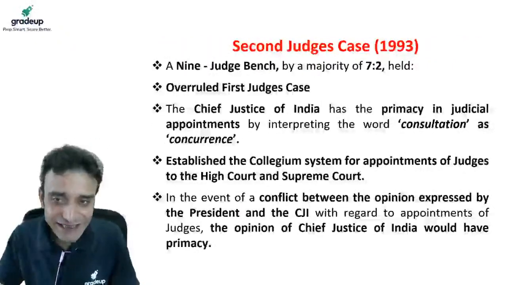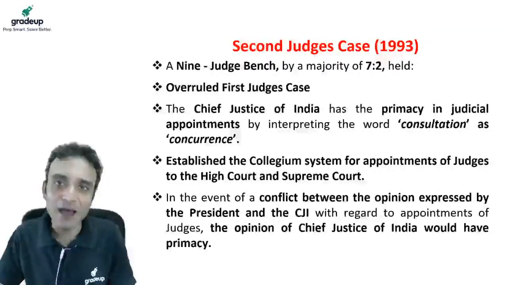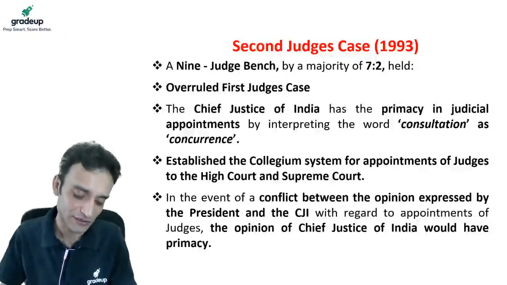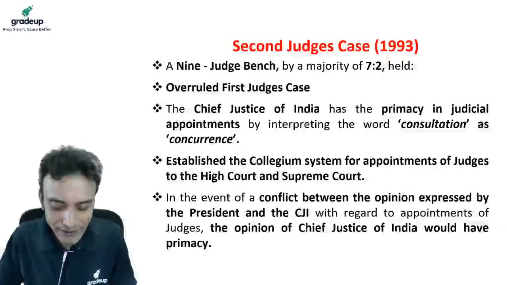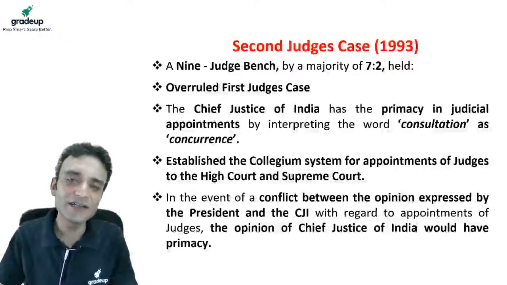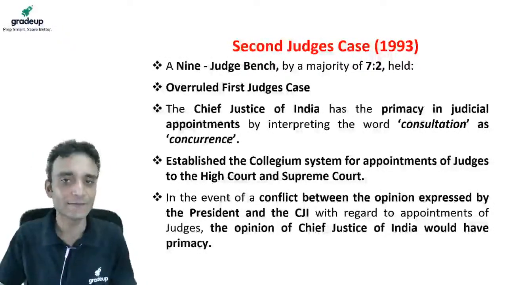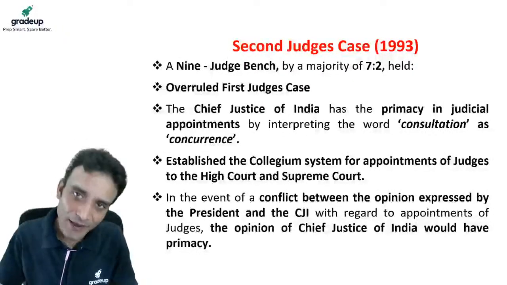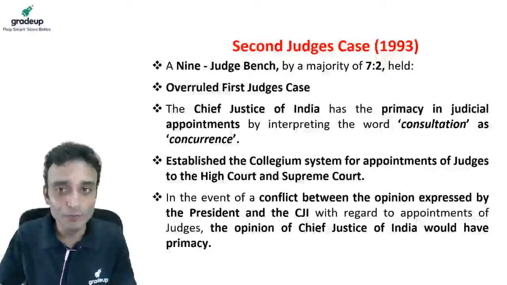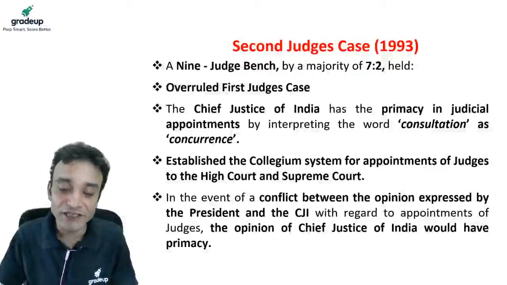Now, in 1993, this is where some changes happen in the appointment of judges. Because during Indira Gandhi's rule, during the Emergency, certain judges were superseded. Justice Khanna was superseded, as well as other judges of the Supreme Court. Now, what do you mean by supersession?